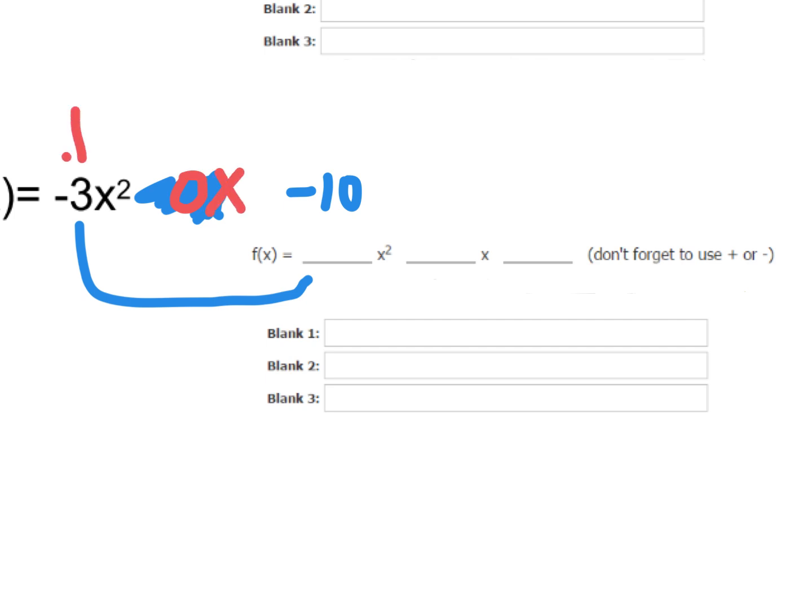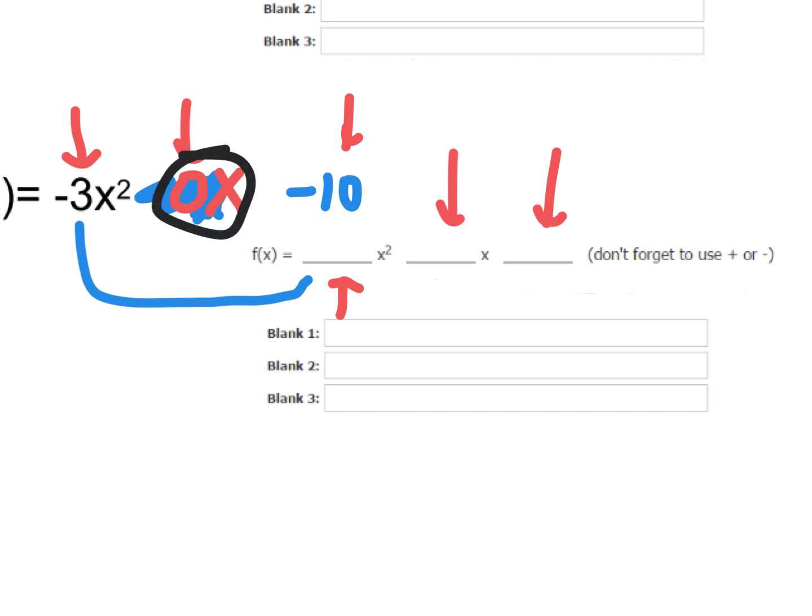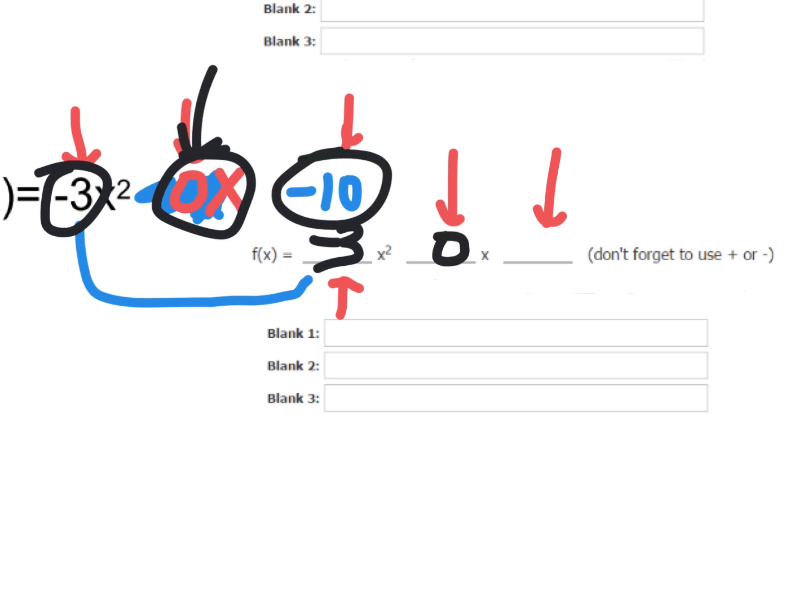Now I got all three numbers. There's my A, there's my B, and there's my C number. They go here and here and here. So if there's a term missing, you can just say that there was a 0 in the front of it. So my three numbers were -3 for the first, 0 for the second thing because there was nothing there. And the number that's just a number without an X on it, it's called a constant, that goes here.